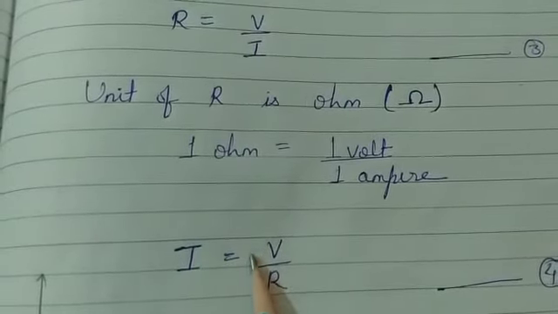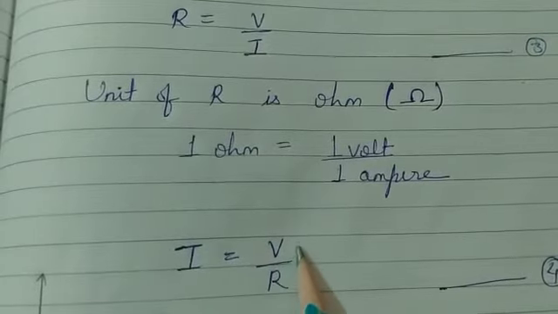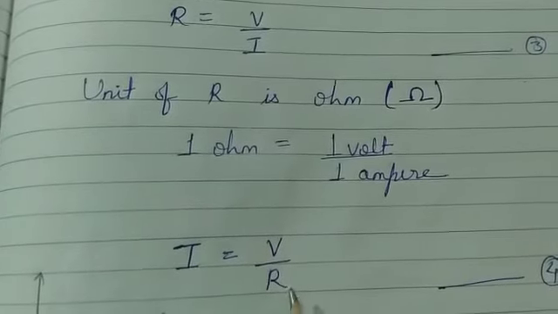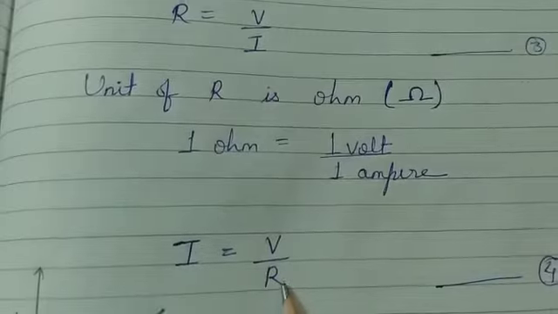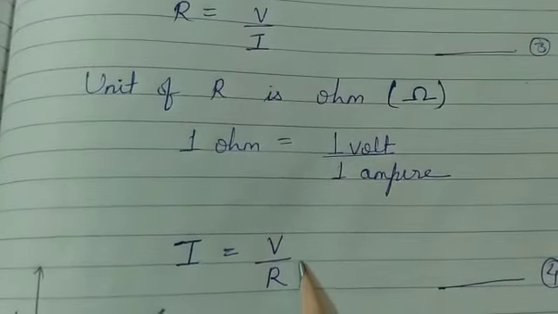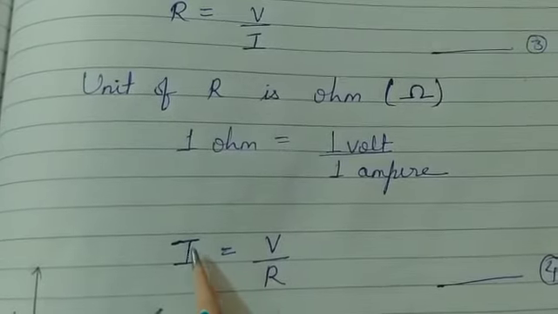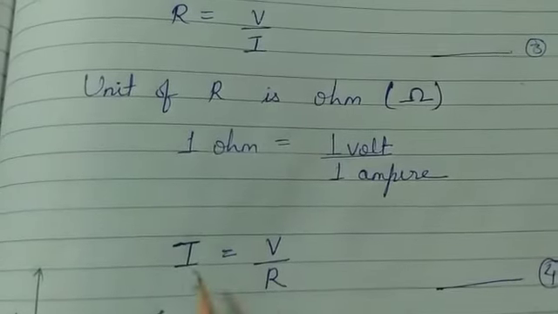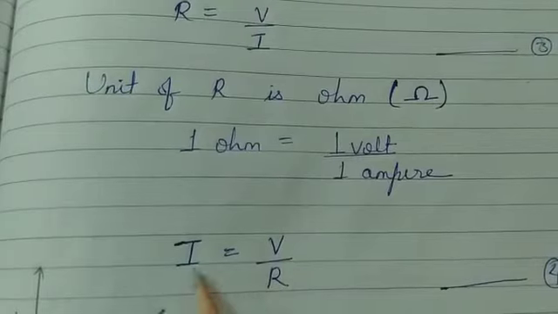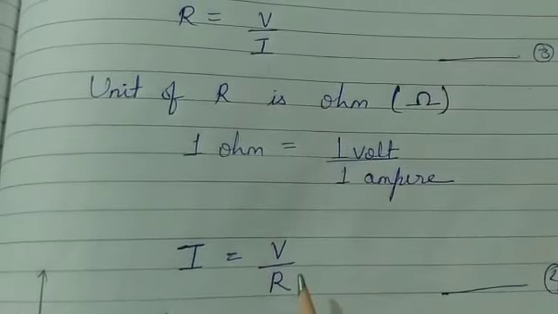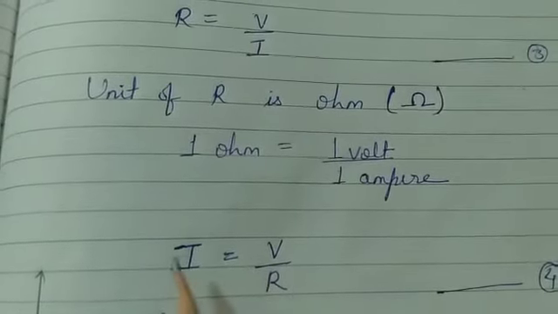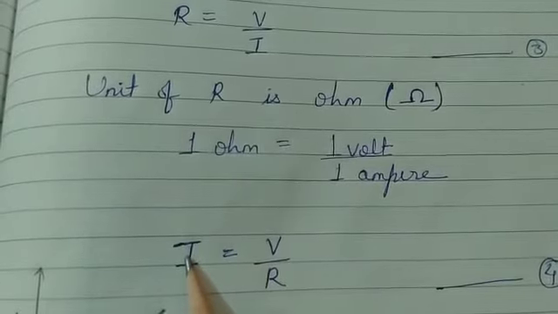But if we put V constant, then I is inversely proportional to R. Inversely proportional means if the value of R increases, the value of I decreases. So I and R, this is current and this is resistance, they both are inversely proportional to each other. That means if one value will increase, other value will decrease.